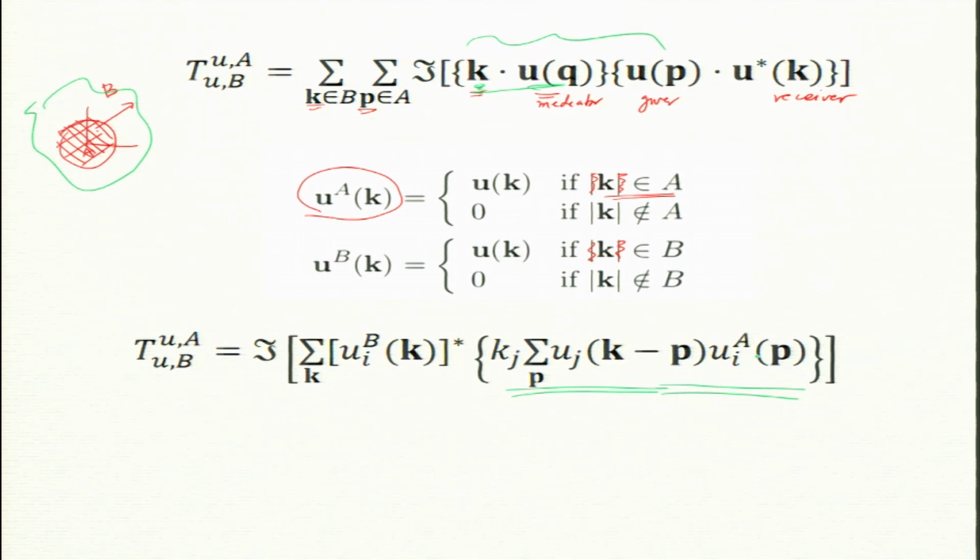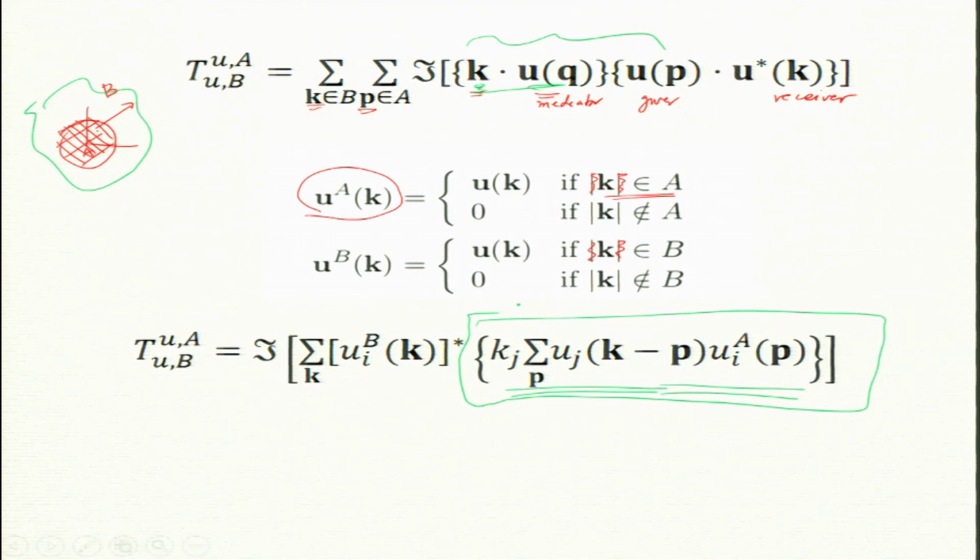Now, I am doing a dot product, so it is tensor notation, with uB complex conjugate and like this. The sum over p is inside. So, what is this?